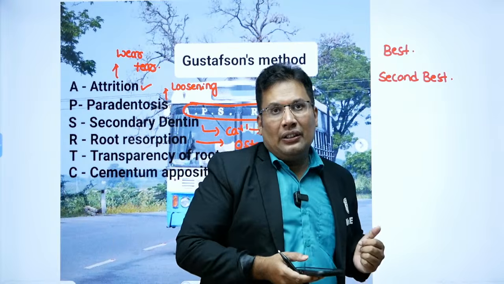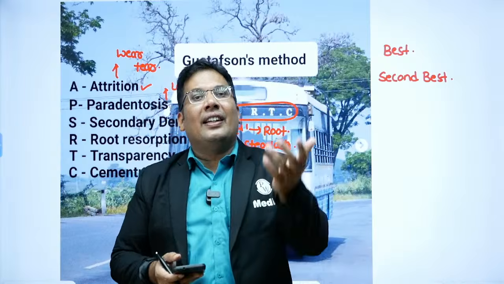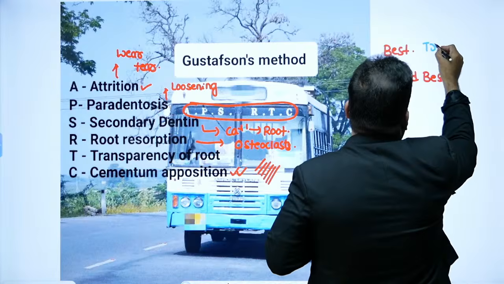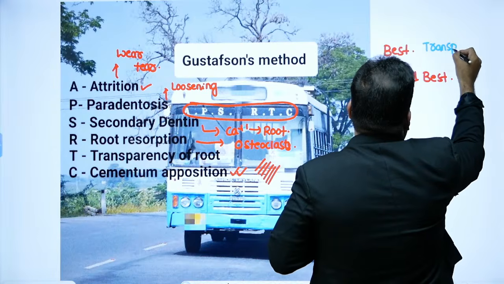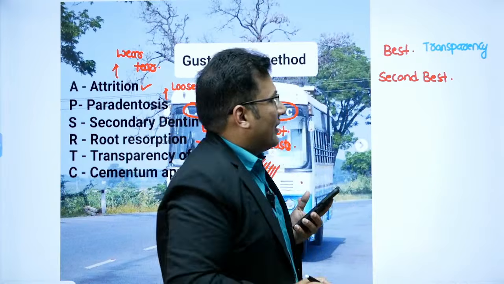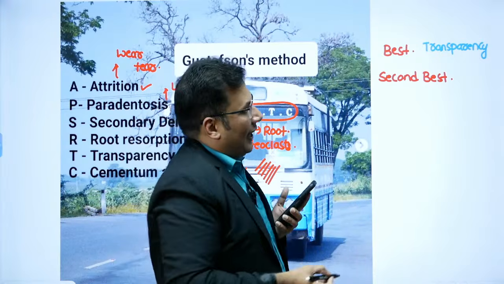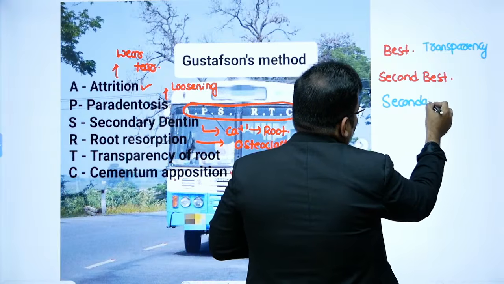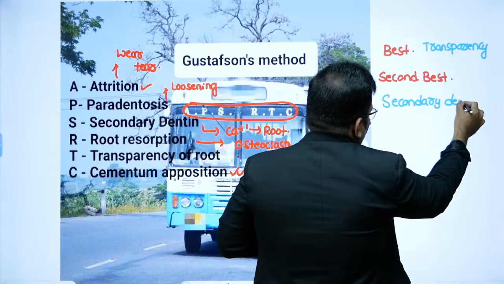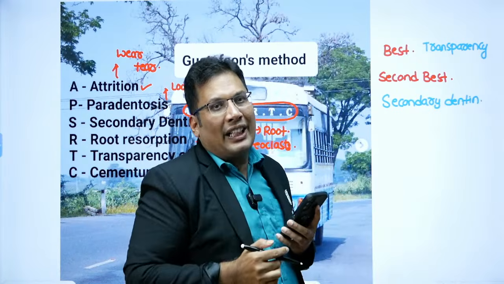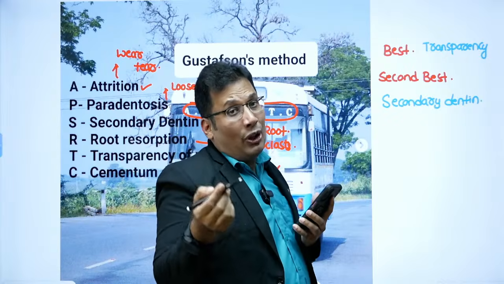Second best criteria is secondary dentin. Secondary dentin means deposition of calcium in the root cavity.